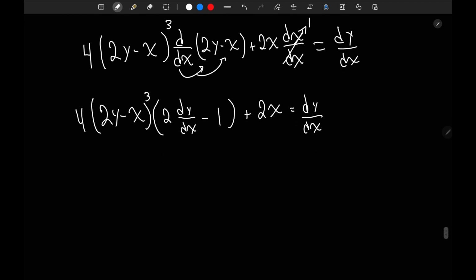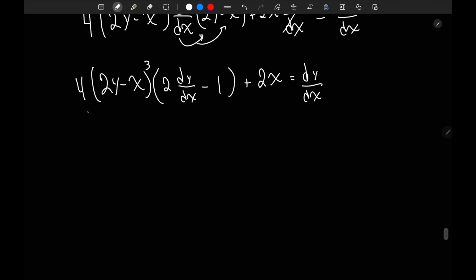And now we need to isolate for our dy/dx. So unfortunately, we're going to have to FOIL this part into this equation. So first, let's just do it one step at a time. And let's FOIL this 4 in.